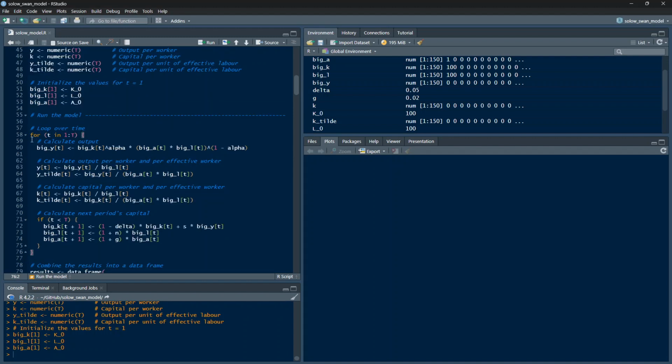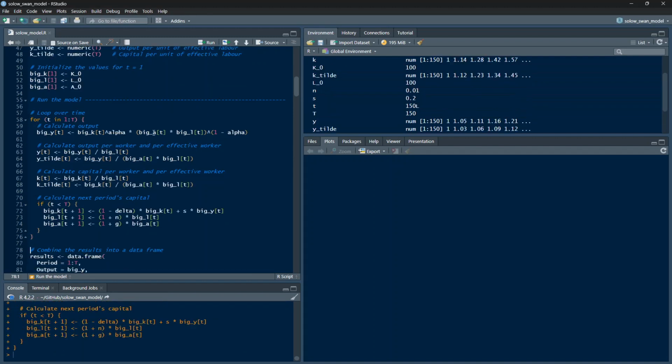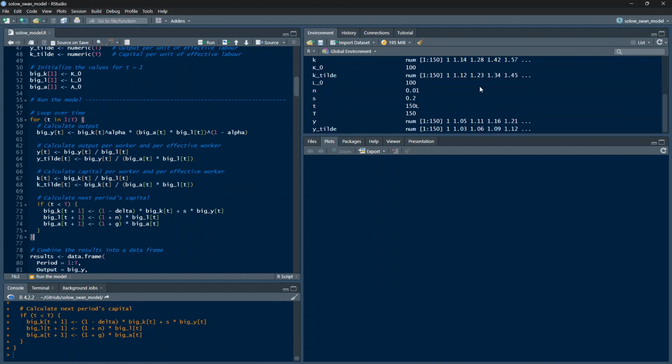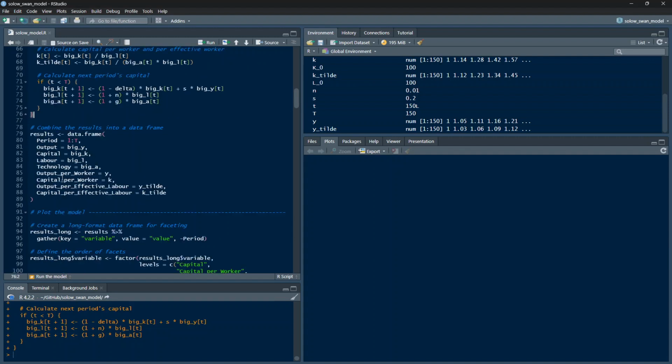Now, let's run this loop here. Bang. And what you'll see when I run this loop from period 1 to 150 is that all of these vectors start to change their values, and it performs the calculations, and then we have all of these individual vectors of all of our individual variables with their defined levels. And now what we want to do is combine them in a nice table.